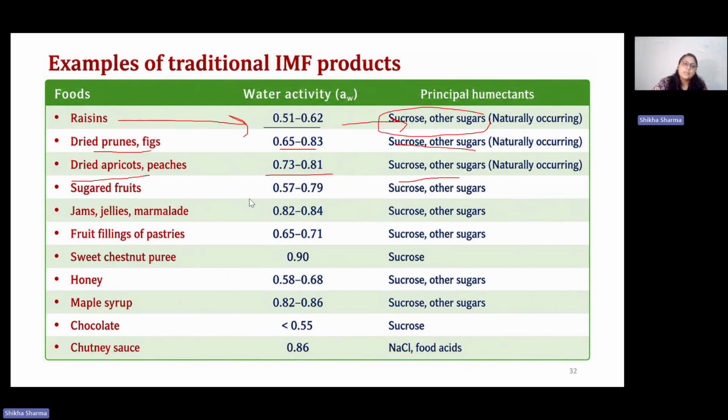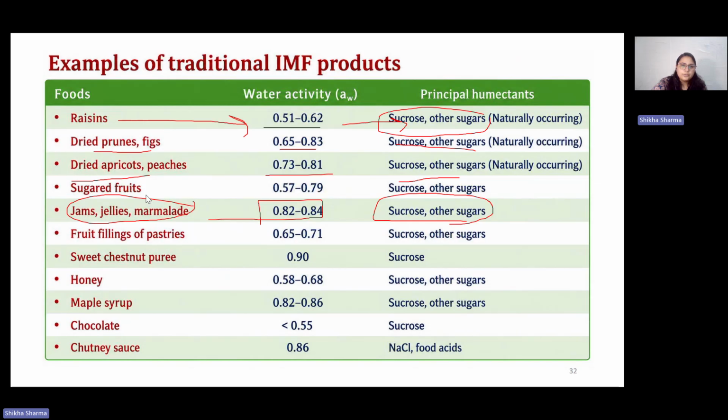In jams, jellies, and marmalades, the water activity is 0.82 to 0.84, and the sugars or sucrose are added manually and not naturally present.